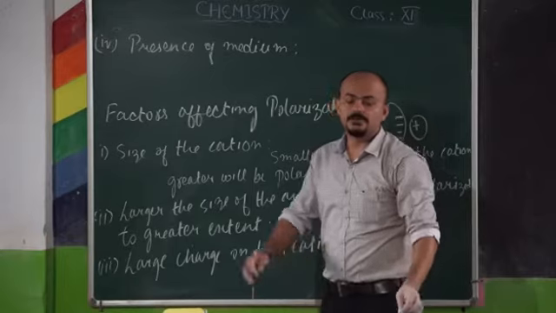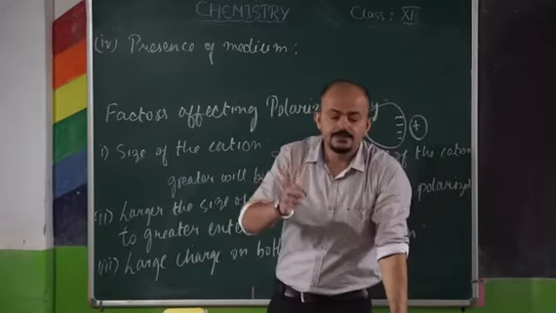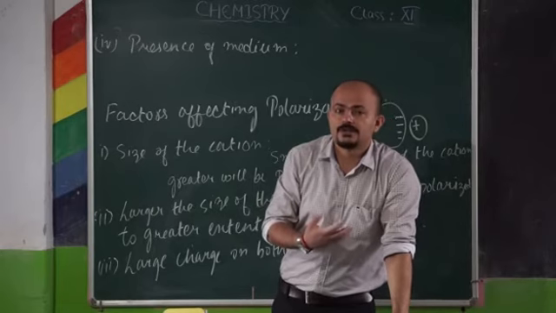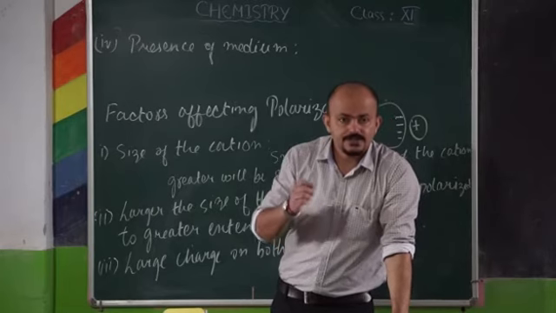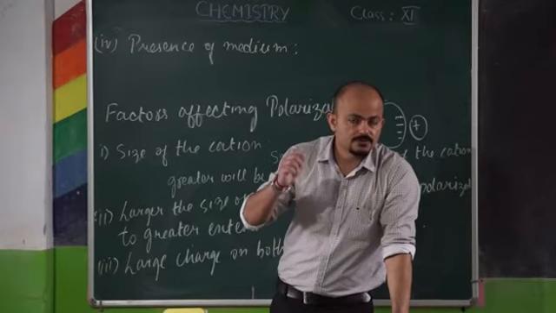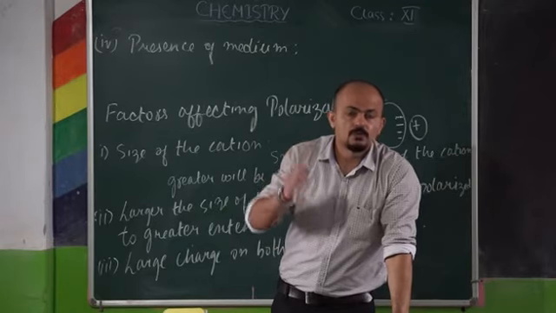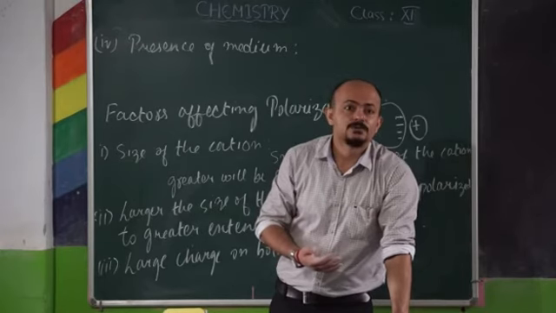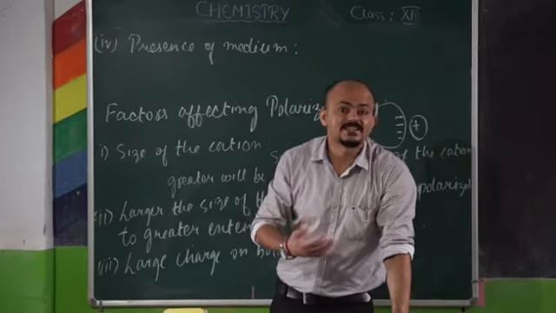This particular point is very important, so please listen carefully. If you have certain polar solvents like water, which is a polar solvent, then in the presence of this polar solvent, those compounds which are covalent in nature will behave as ionic compounds.